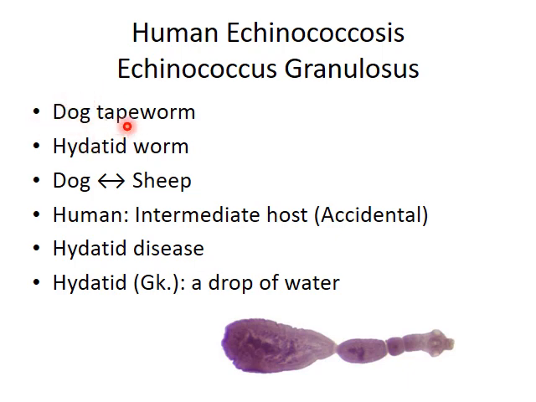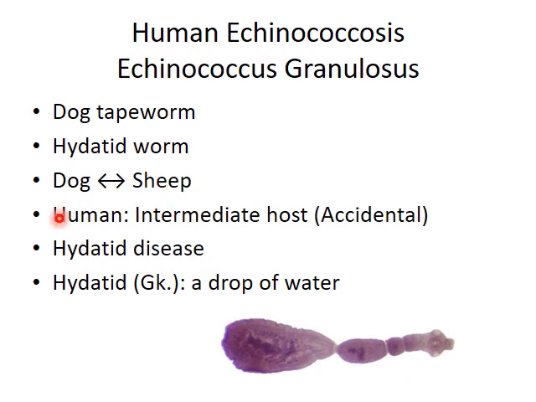Echinococcus granulosus is also called the dog tapeworm because the adult worm resides in the dog's intestine. It is also called the hydatid worm. Echinococcus requires two hosts for its life cycle, dog and sheep. The dog is the definitive host and the sheep is the intermediate host.